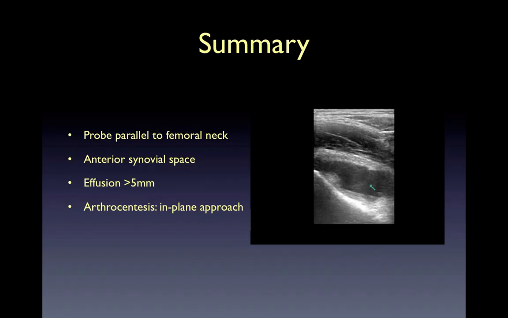An effusion is present if it measures more than 5 millimeters across at the anterior synovial space or is more than 2 millimeters greater in width than the contralateral side. Finally, ultrasound-guided arthrocentesis may be accomplished by using an in-plane approach with real-time needle visualization.